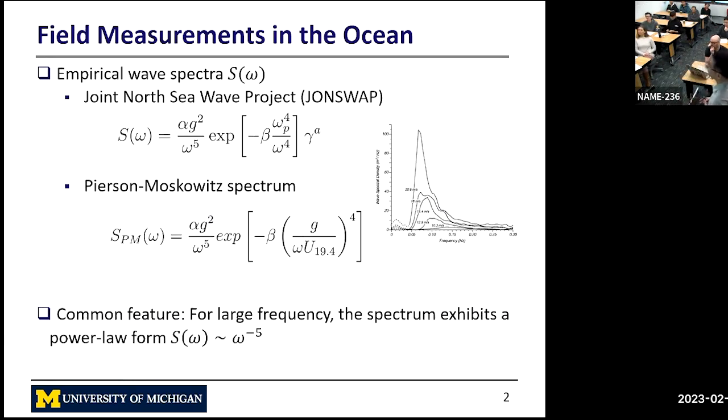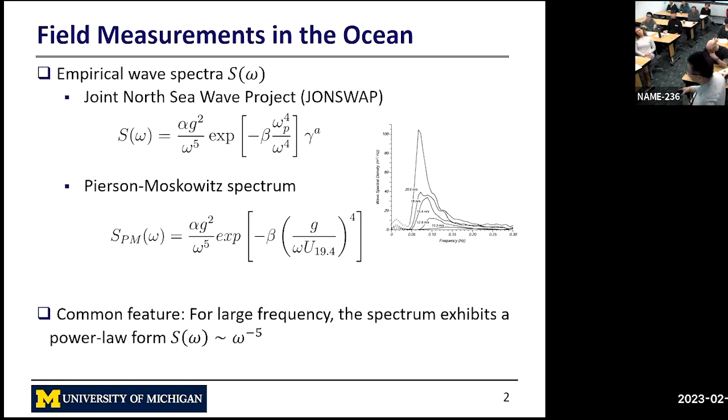Over history, there were 2 famous ocean measurement projects, one called JONSWAP, and another that was probably measured by some other project, I don't know the name. What they do is measure the ocean surface with either wave probes or some remote sensing technology, and then they get lots of data of the ocean surface.